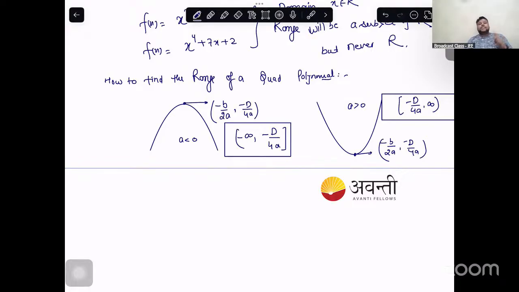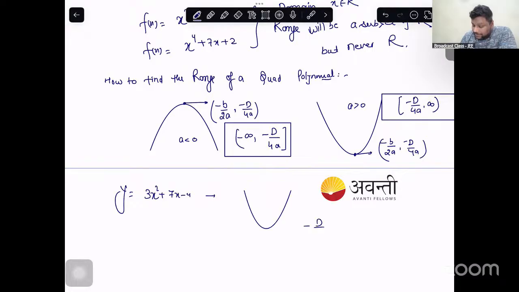Except this, there is a way also. Like if you assume y equals 3x square plus 7x minus 4. If I go with the formula, this is this kind of graph. So range will be what?